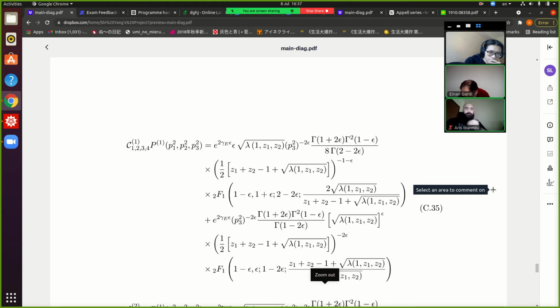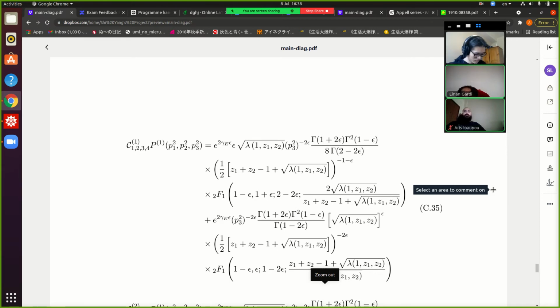Do you know how to use HypExp? That's very easy. So 2F1, you can expand using HypExp. Make sure that you write it in terms of good variables, not square roots, before you expand. Good variables would be this z and z bar.